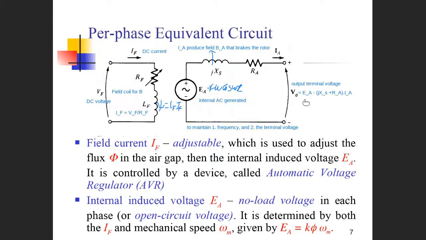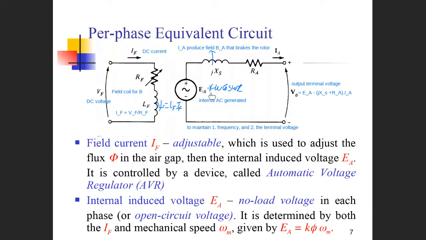So in practice, we have to adjust the internal generated voltage EA according to the loading level IA, so that the terminal voltage is maintained at a constant. To do this, we have no means to change the frequency omega because the frequency must be constant. And to maintain the terminal voltage, we have to adjust the field current.